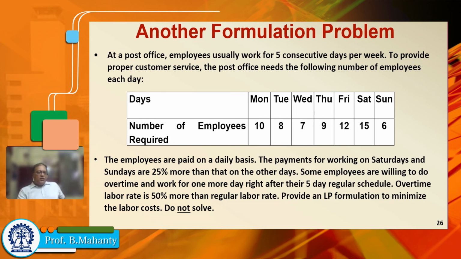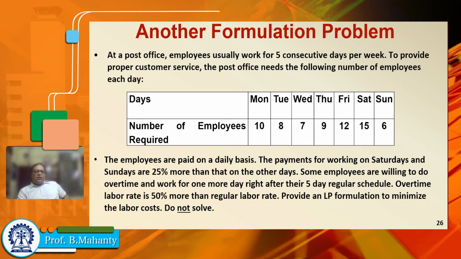So you see, who are the people who are working on Monday? The regular people who are joining on Monday are working on Monday. People who are joining on Wednesday and doing overtime are working on Monday. People who are joining on Thursday, Friday, Saturday and Sunday, both regular and overtime people, are working on Monday.